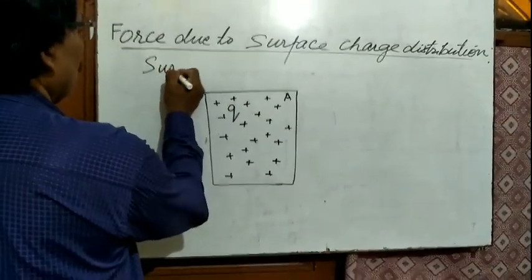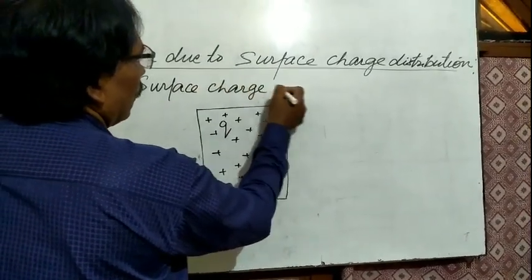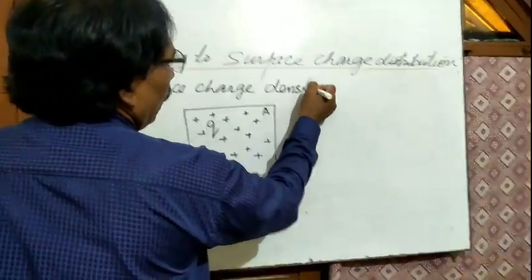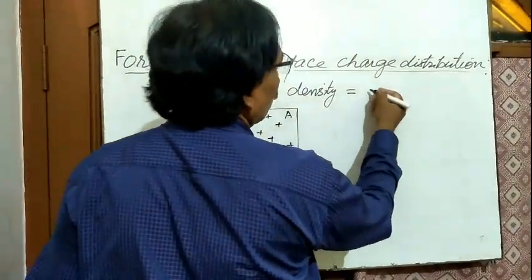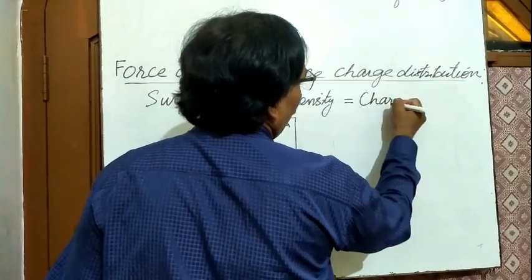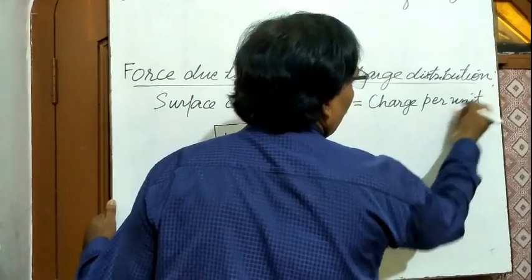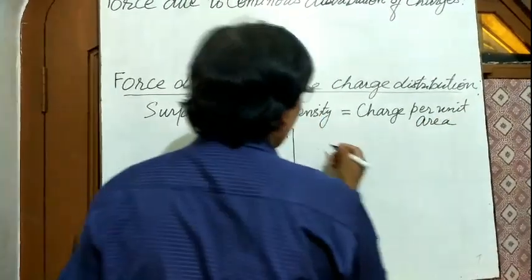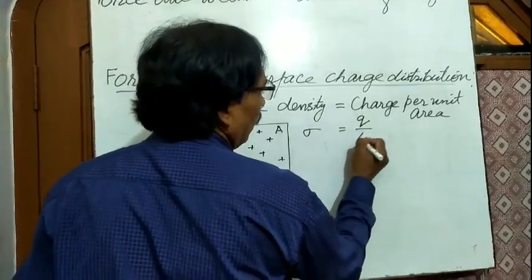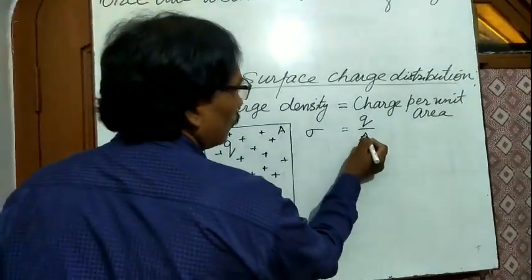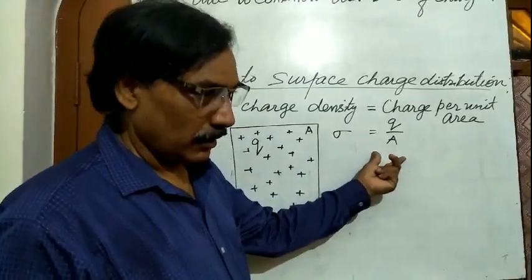Surface charge density is equal to charge per unit area, denoted by sigma. So sigma is equal to Q by A. Q is in coulomb and A is in meter square.